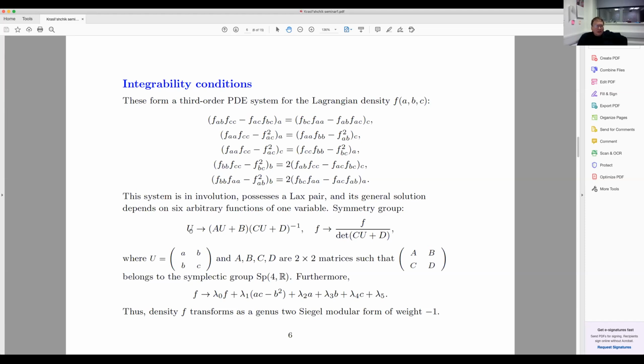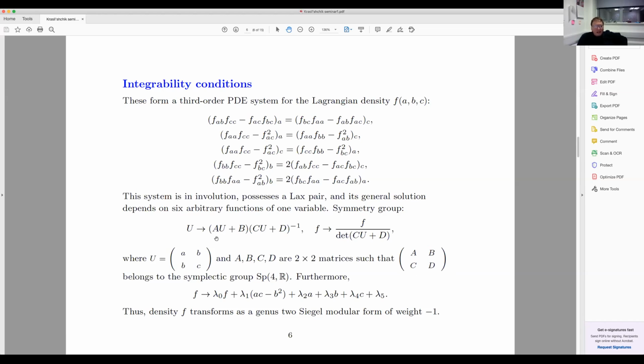Then this matrix transforms like this, where A, B, C, and D are constant 2x2 blocks in this 4x4 matrix, such that this 4x4 matrix belongs to Sp(4,R), all right?